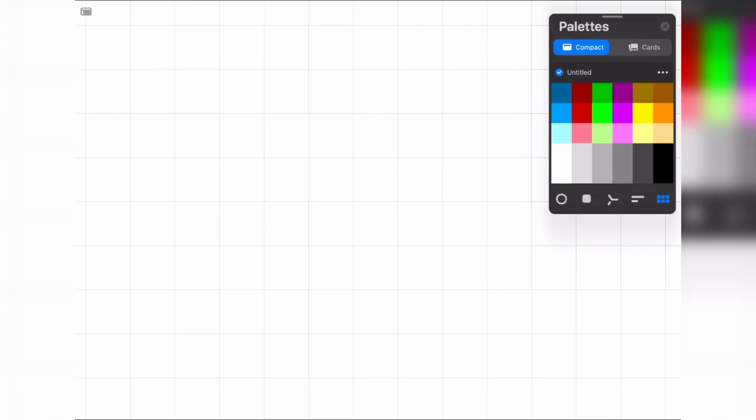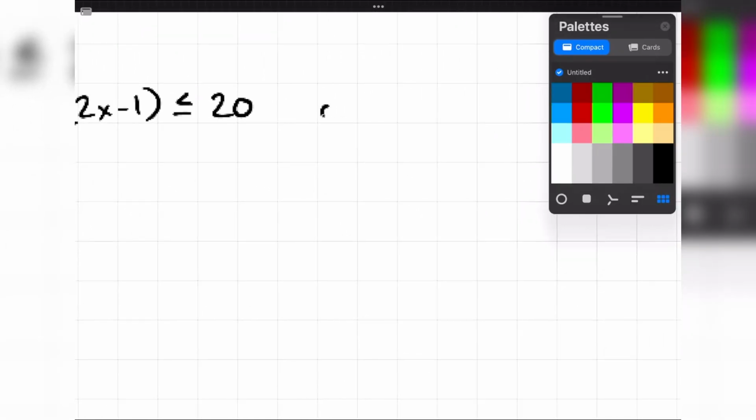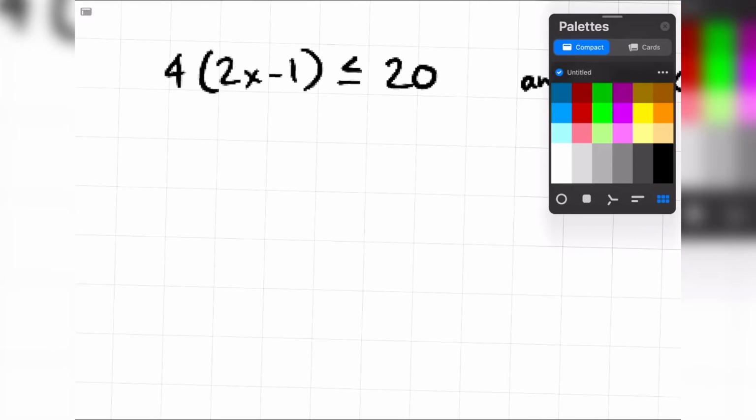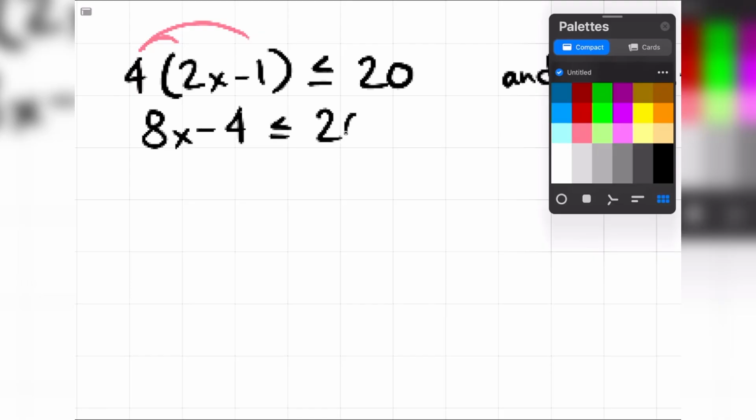Okay, so it must have cut out. But the next question is going to be 4 parenthesis 2x minus 1 parenthesis less than or equal to 20, and we'll do 2 parenthesis x plus 3 parenthesis less than 8. So first things first, we're going to distribute this, which will get us 8x minus 4 is less than or equal to 20.